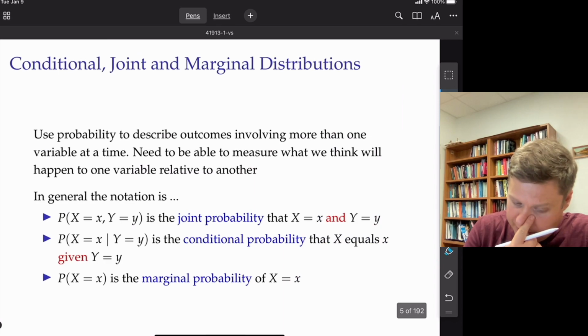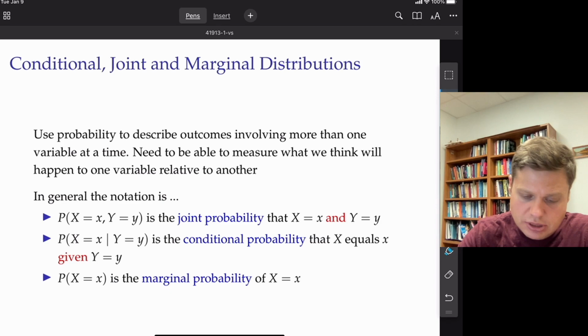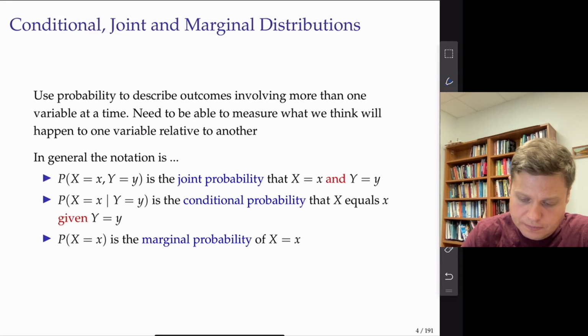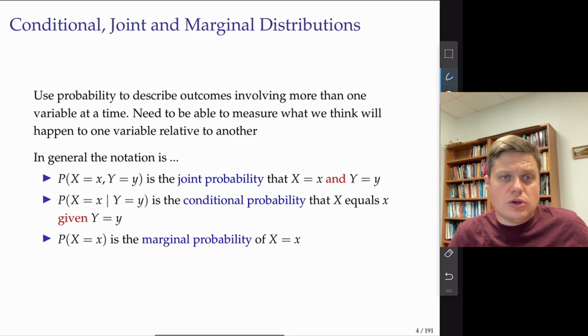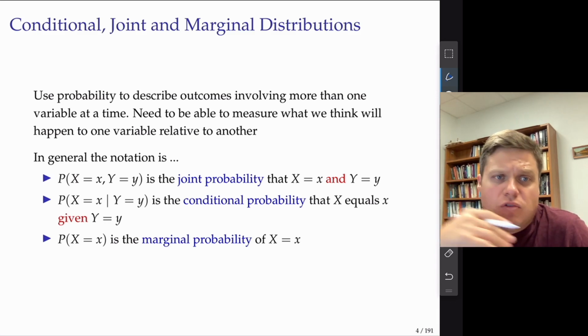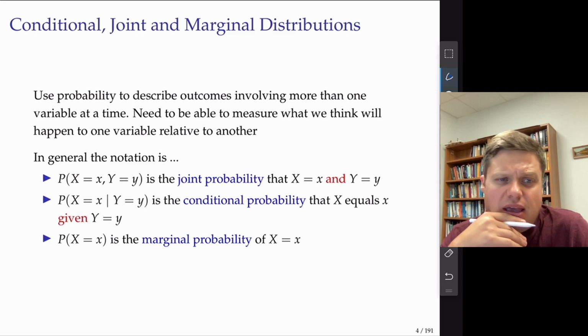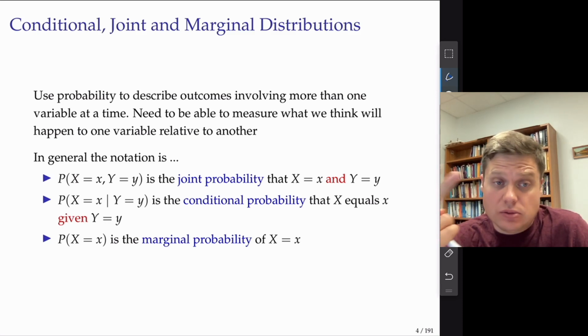All right. So let's talk about conditional, joint and marginal distributions. Whenever we try to use probability to describe outcome of more than one event or more than one variable, we need to be able to measure what we think will happen with one variable relative to another variable, and we're going to be using two ways to do that.